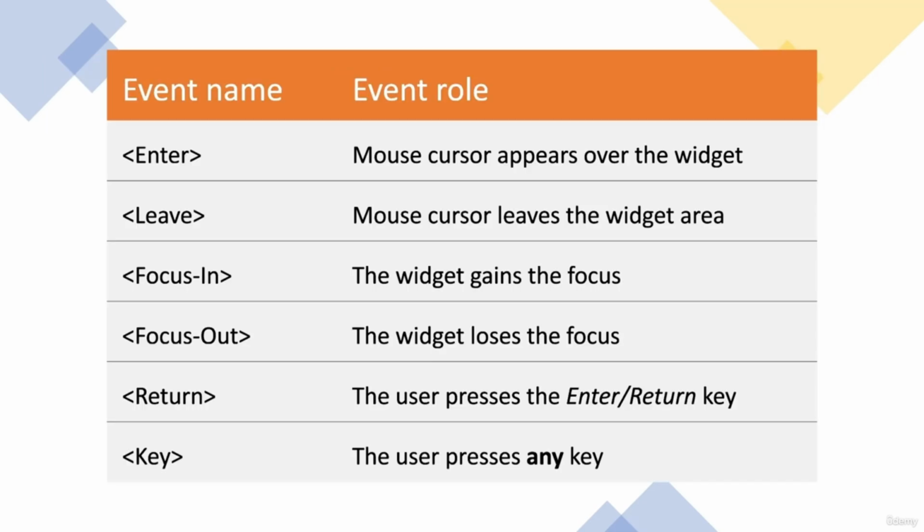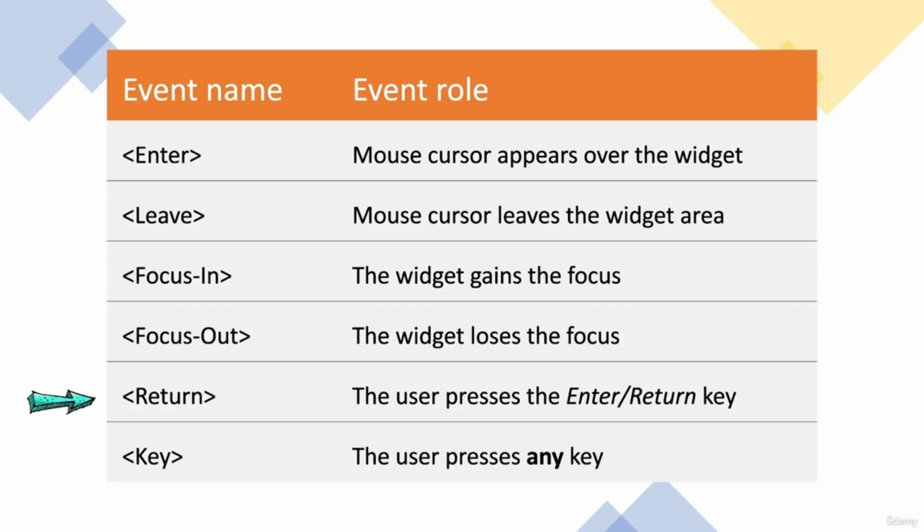Then we have Enter event, which is when a mouse cursor appears over a widget. And then we have the Leave event, which is when a mouse cursor leaves the widget area. Focus in and focus out events are when the widget gains and loses focus.